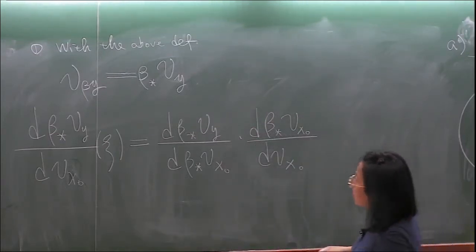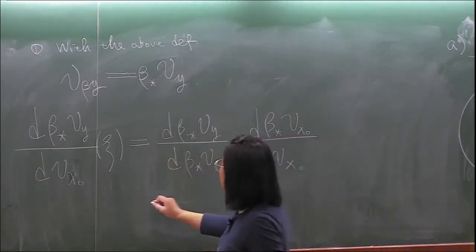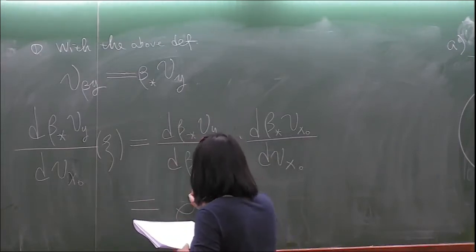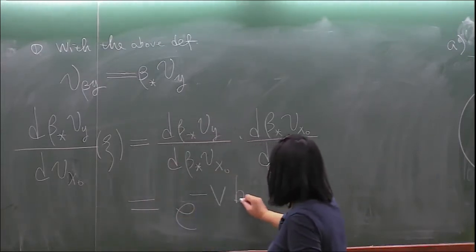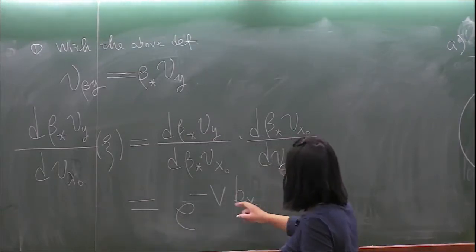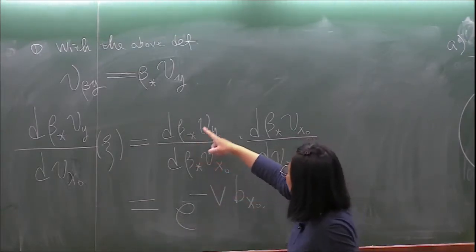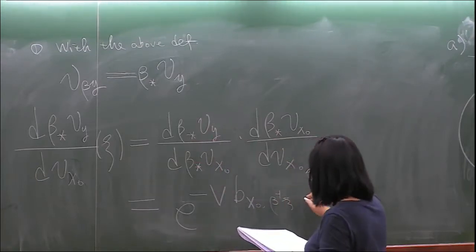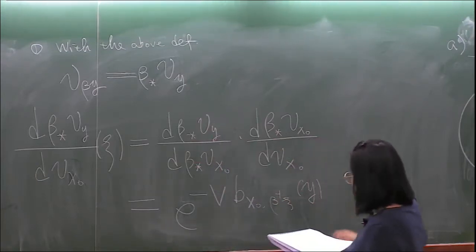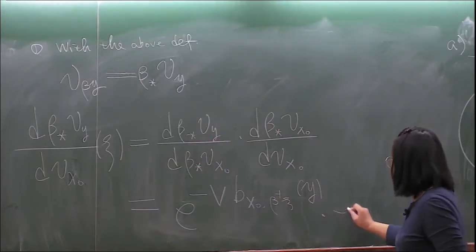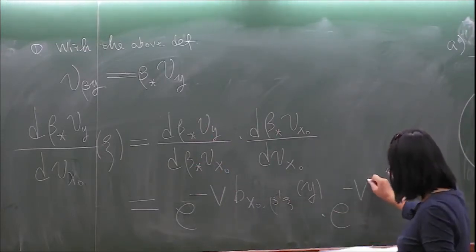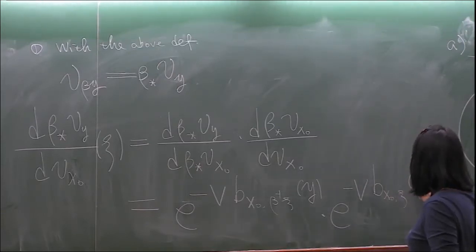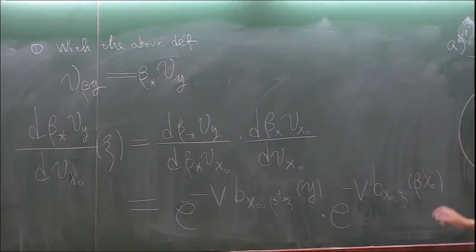So you use that definition, you will get e to the power minus b x naught. Here you have beta minus c y, and then times e to the power minus b x naught c beta x naught.